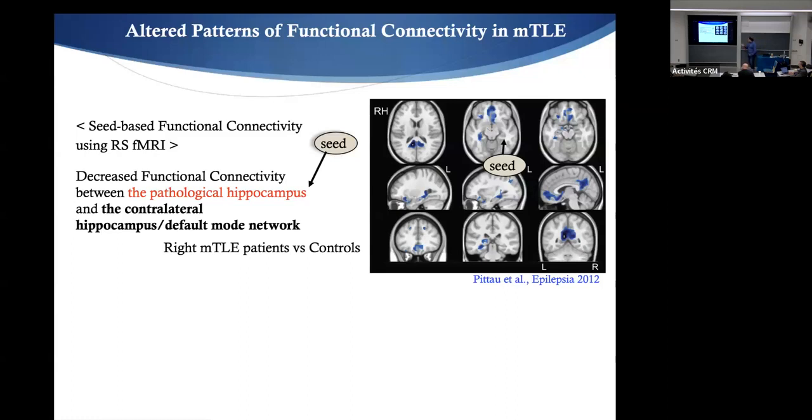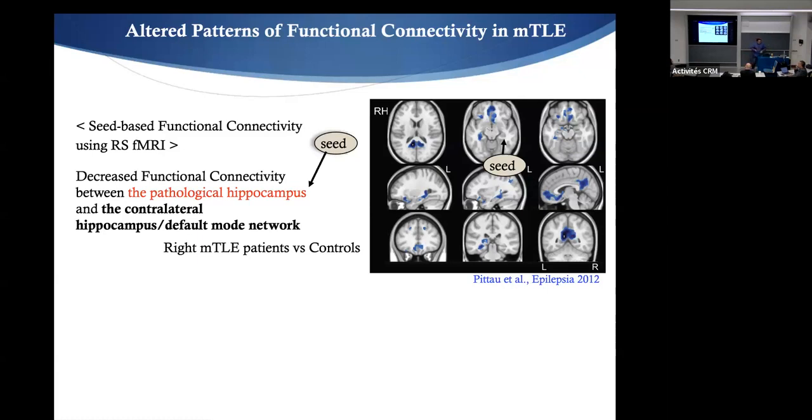So here, this is the very first study we did on epilepsy using standard seed-based correlation. We're talking about temporal lobe epilepsy. We do EEG-fMRI. We select runs with very few or no spikes, so resting state. And what we did, we marked the hippocampus on both sides. We do seed-based connectivity, so just measuring correlation, and we compare that in patients compared to healthy controls.